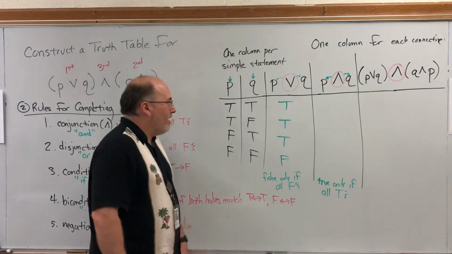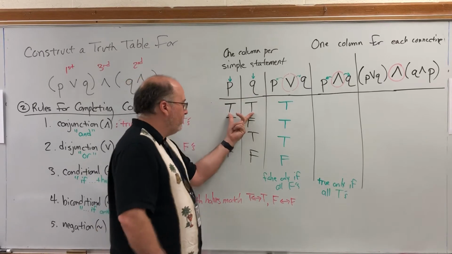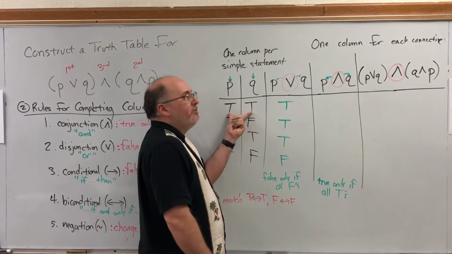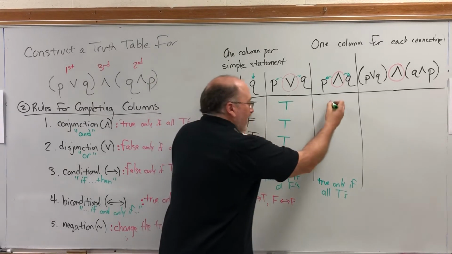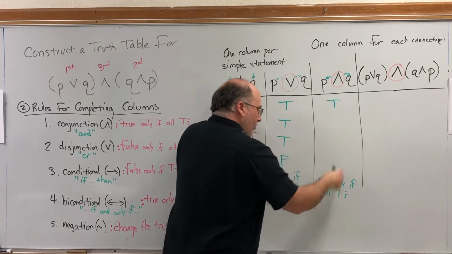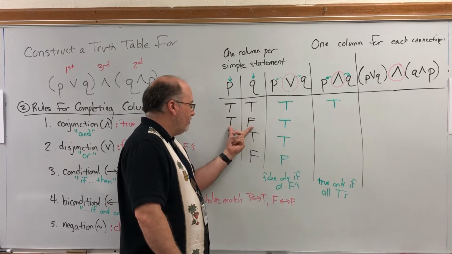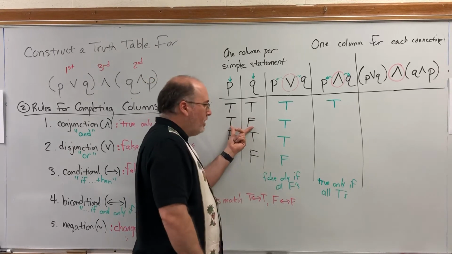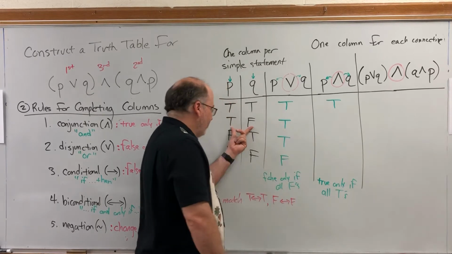So let's take it row by row in the first two columns starting in the first row. T and T. Is this all T's? Yes. This rule applies to this row, and the rule says true only if all T's. Let's go to the next row. T and F. Are those all T's? No. So this rule does not apply. I don't write true there.